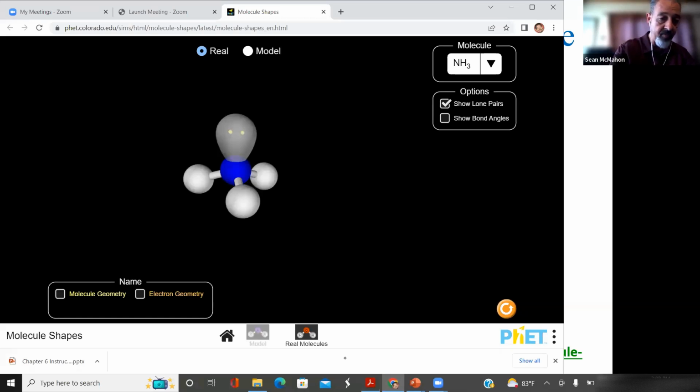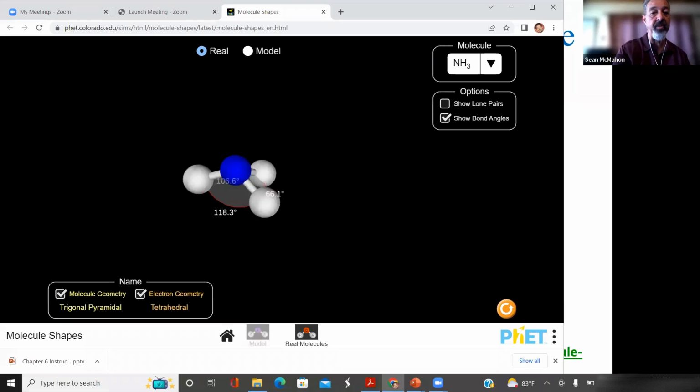So because there's 4 groups, my electron group geometry is tetrahedral, which means the bond angle is going to be derived from 109.5. However, one of the groups is a lone pair. So in reality, the molecule doesn't look tetrahedral. It's trigonal pyramidal. The bond angle isn't quite 109.5. It's less than 109.5. Okay.